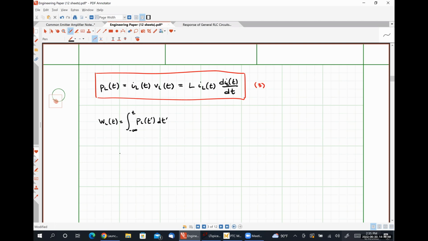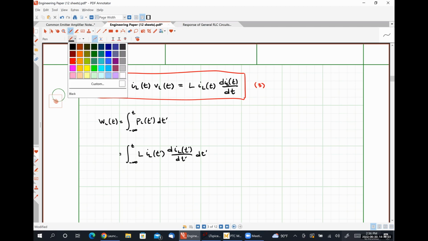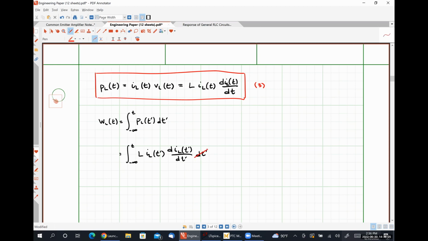Well, if I substitute in the relationship for power that I just got, this is going to look like L times I_L of t prime times dI_L of t prime by dt prime, dt prime. Okay. So this dt prime and this dt prime cancel each other out.